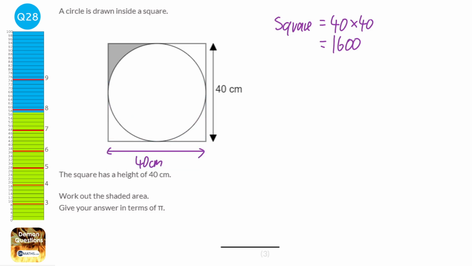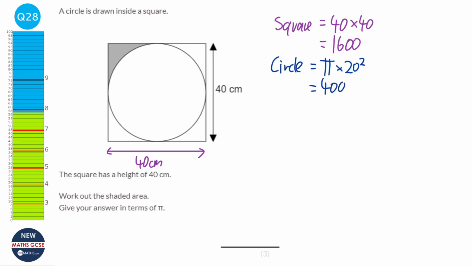So if the diameter is 40 centimeters, the radius would be 20 centimeters. So for the area of the circle, we're going to do pi times the radius, which is 20 squared, and 20 squared would be 400, so this will be 400 pi. This question's asking us to leave it in terms of pi, so we're going to do that.